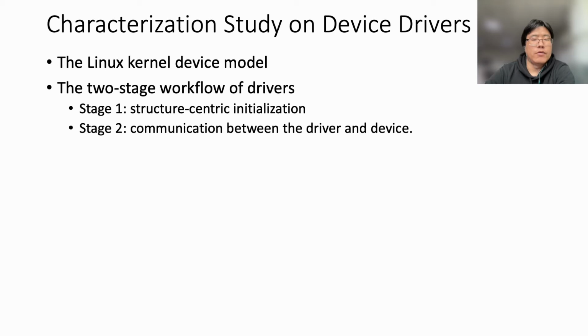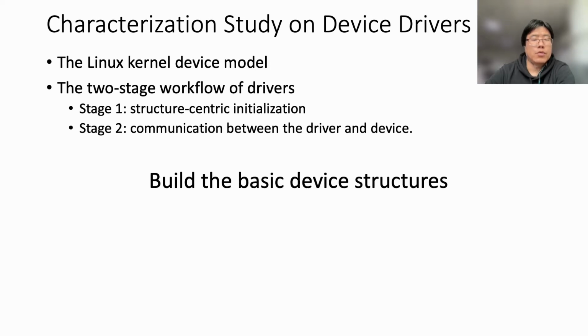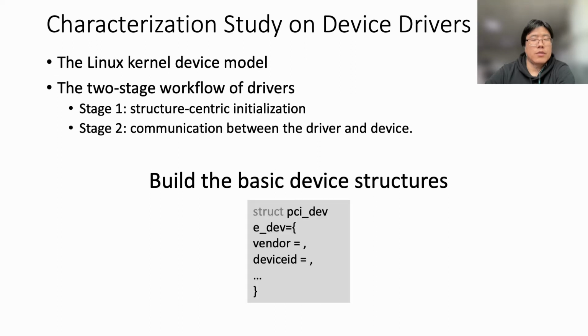Through a study of driver characteristics, we found that in order to successfully initialize the device driver, we must make the driver successfully construct the structure required by the device driver. So the question is, can we make the kernel build these structures without the hardware?